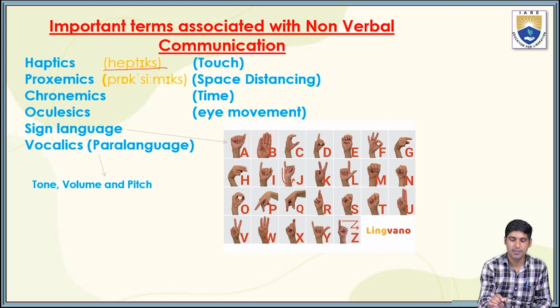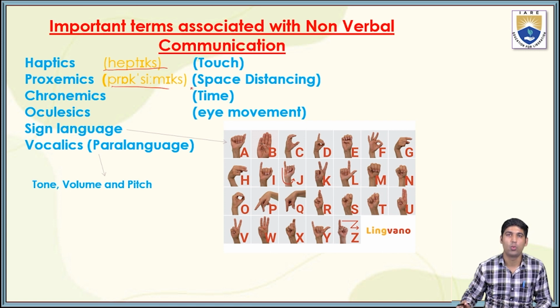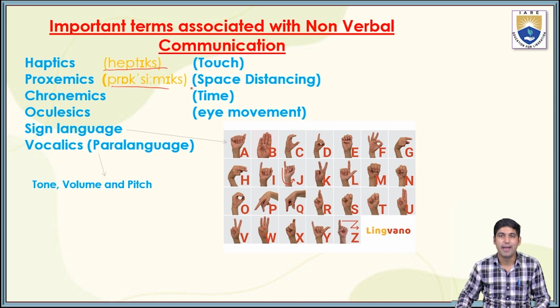Then we have the second term, proxemics. What is proxemics? It is the communication of space and distancing. We communicate by space as well. The space which we need to maintain in between us. Space also talks about communication. For example, I want to convey a message to you.